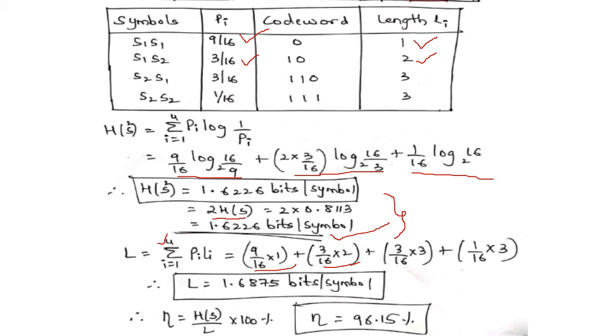For the third symbol, probability is 3 by 16 and code word length is 3, so 3 by 16 into 3. And the last one, 1 by 16 probability and length 3, so 1 by 16 into 3. Once we simplify, we get average code word length as 1.6875 bits per symbol. Substituting entropy and average code word length, we get efficiency as 96.15%.